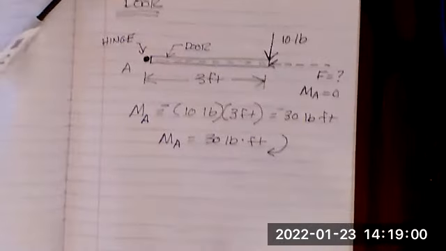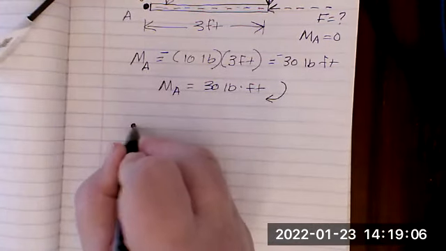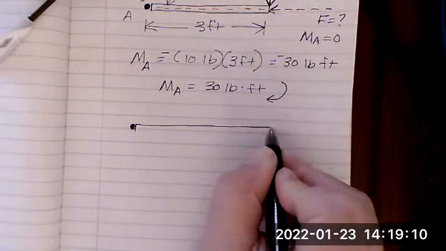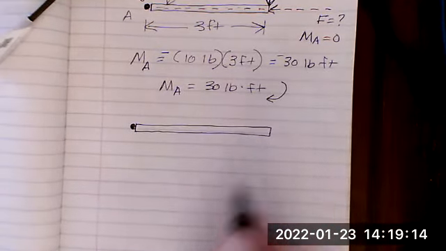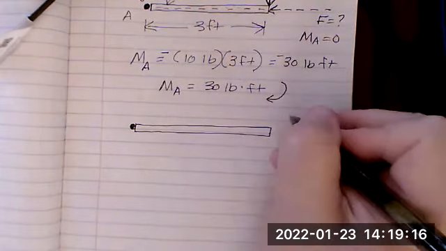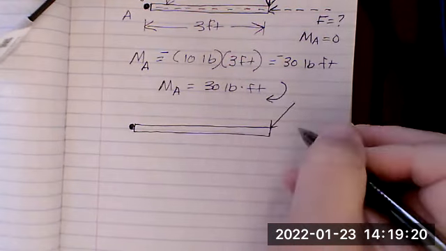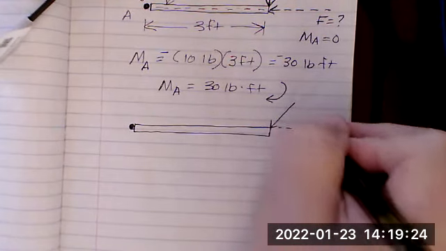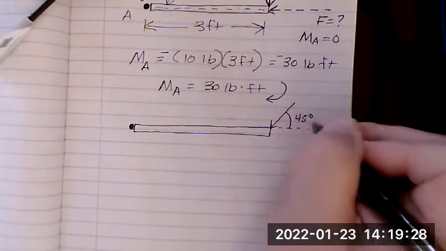All right, let's take the same door. There's the hinge. And this time I'm going to apply a force at a 45 degree angle to the horizontal.